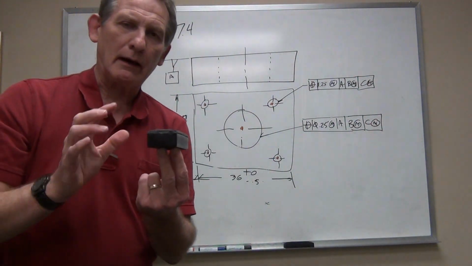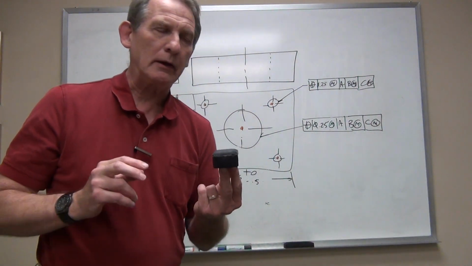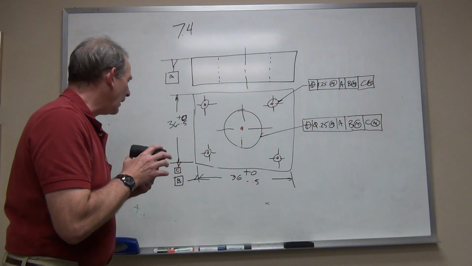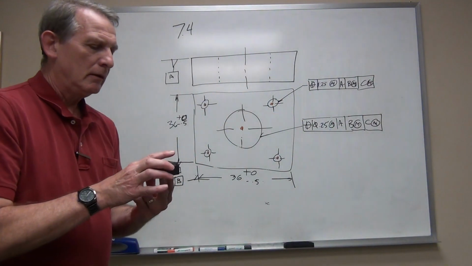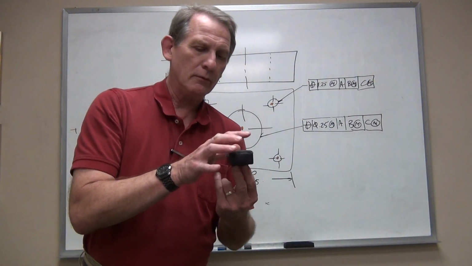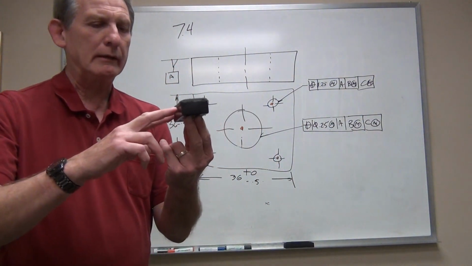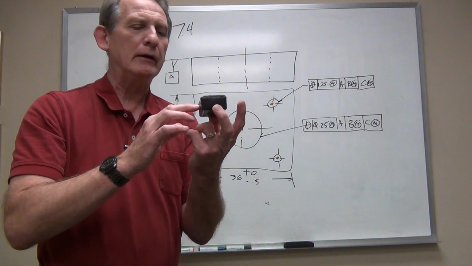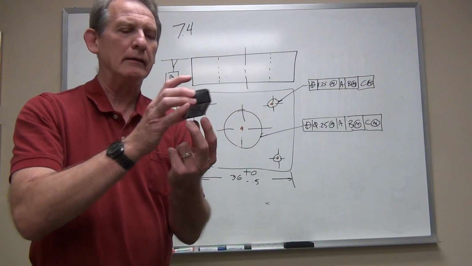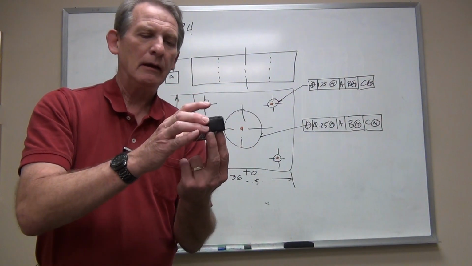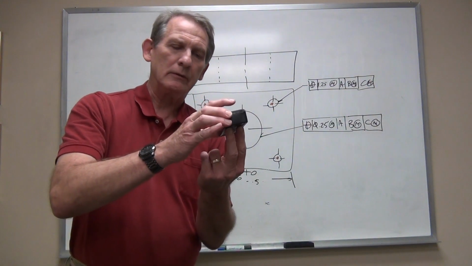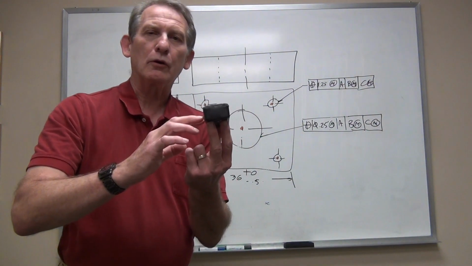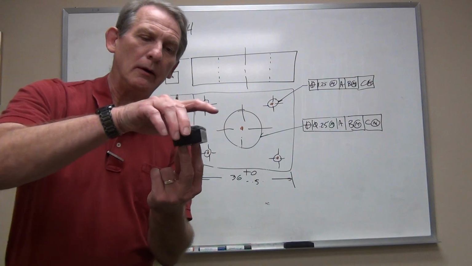In order to take care of some more of those constraints, we have datum B. So if I put 3 contact points for A, 2 contact points for B, now I am no longer free to translate in this direction. I can still translate in this direction, but I can no longer roll or yaw.